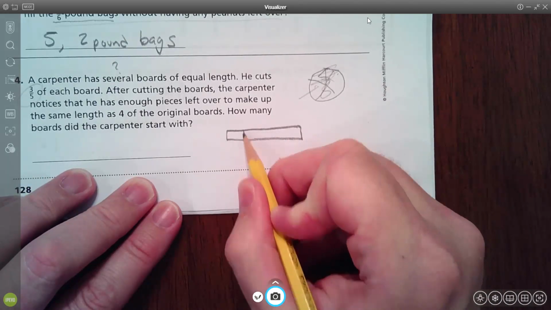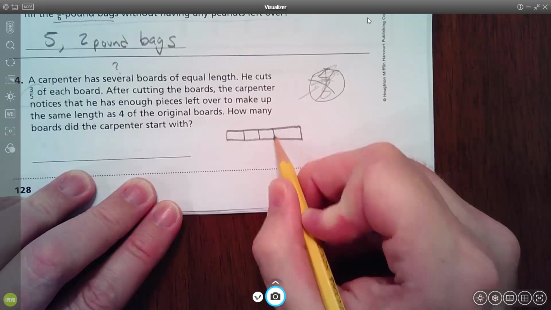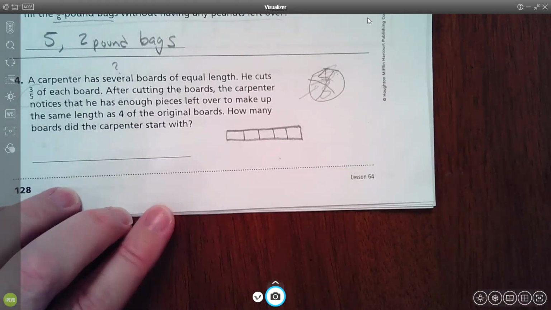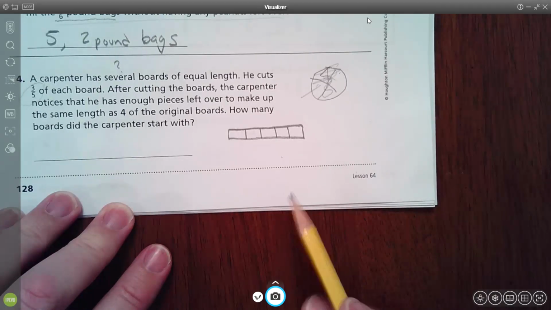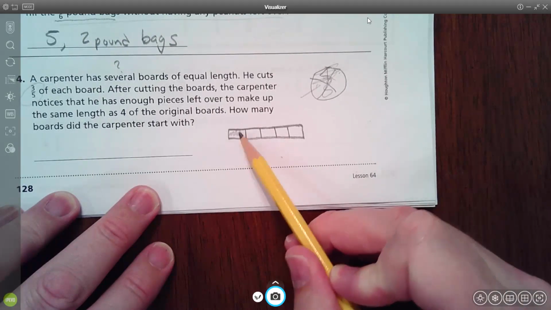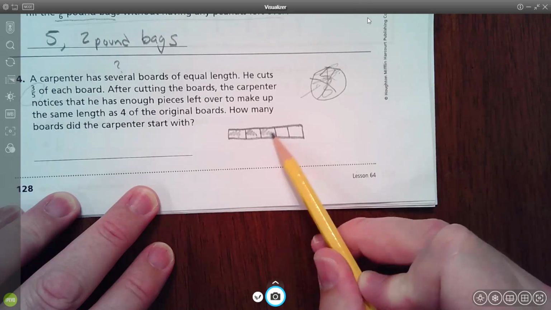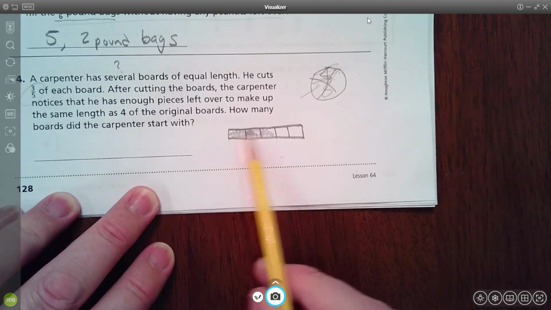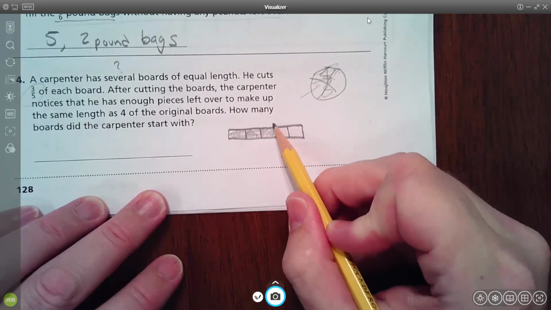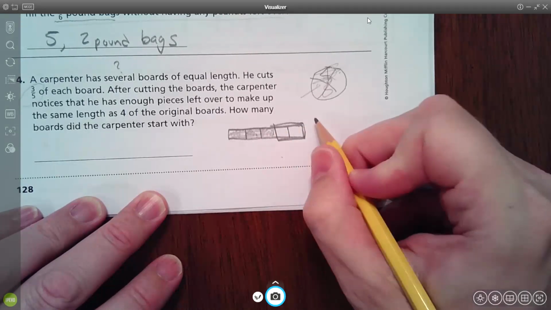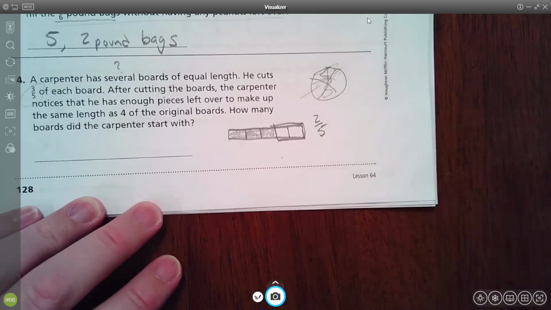I'm just going to go 1, 2, 3, 4. So that's roughly this board cut into fifths, okay? So when he's going through, he's cutting 1, 2, 3. So he's cutting 3/5 off. That leaves 2/5 left over. That's in his scrap pile, okay?